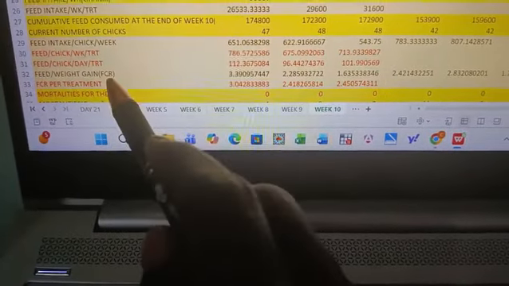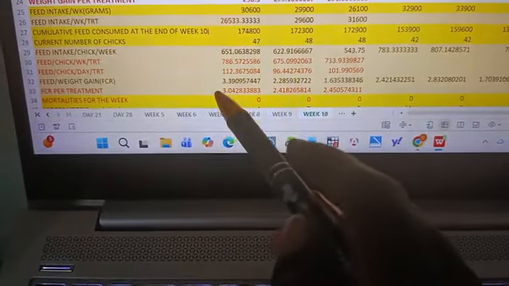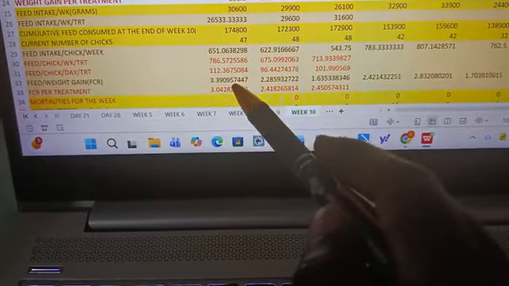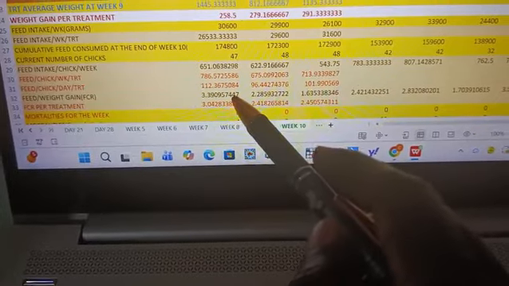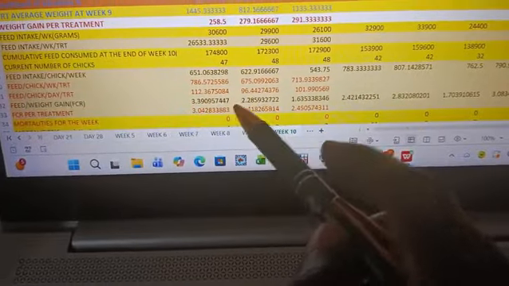Then of course we have the feed conversion ratio per treatment. How many grams did each bird require to have a 1 gram weight gain?